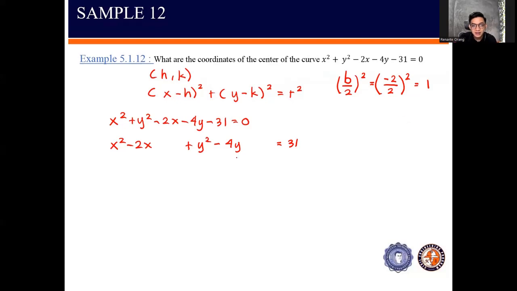Then for this part, same, b over 2 squared. That is equivalent to negative 4. It is okay whether negative or positive, the result is the same because it is squared. Negative 4 divided by 2 is negative 2. Squared, that is 4, or positive 4.